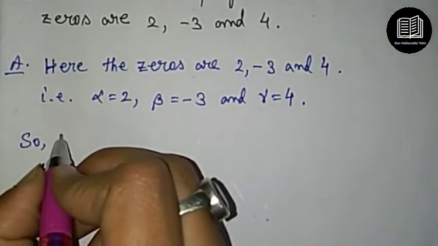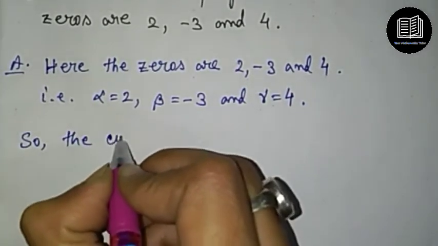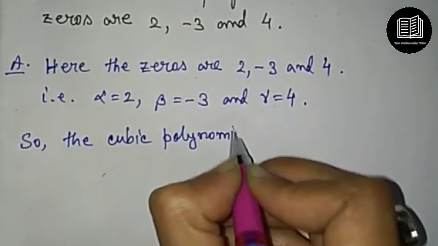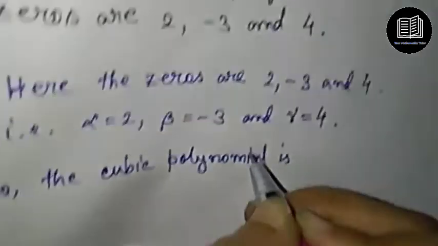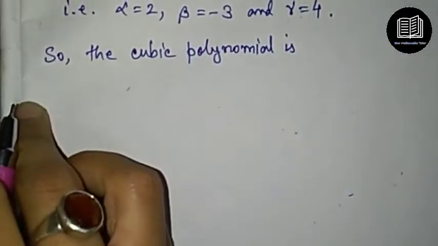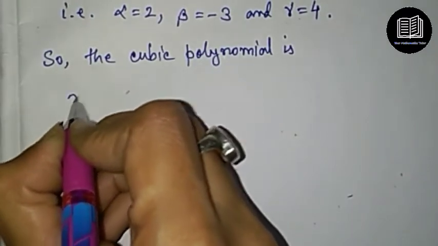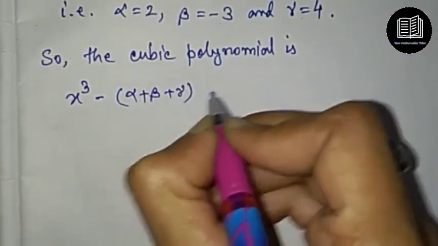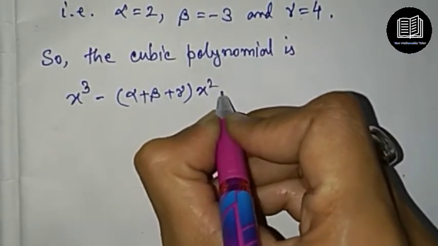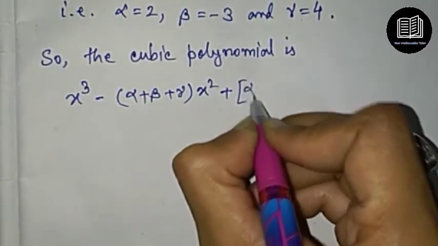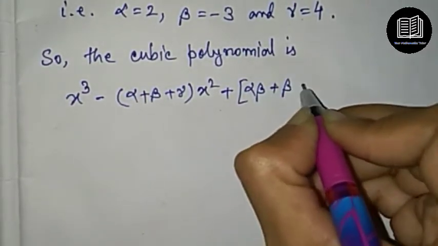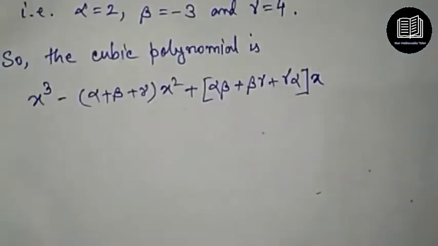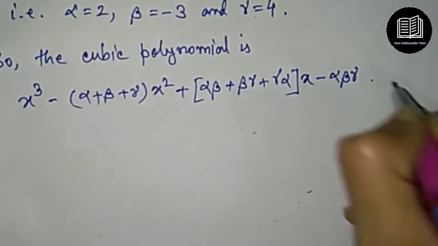Now, so the cubic polynomial is, what is the form of the cubic polynomial when the zeros are given? The form is x cube minus (alpha plus beta plus gamma) into x square plus (alpha beta plus beta gamma plus gamma alpha) into x minus alpha beta gamma.